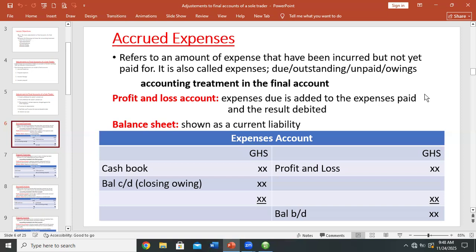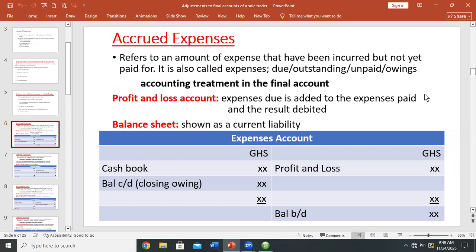So, professors, what she read, the things I want you to note are that accrued expenses are also called expenses due or expenses outstanding or expenses unpaid or expenses owing. Now, let me give a scenario so you can understand. If you were a business renting a store at the market, you pay rent expense to the owner of the shop.